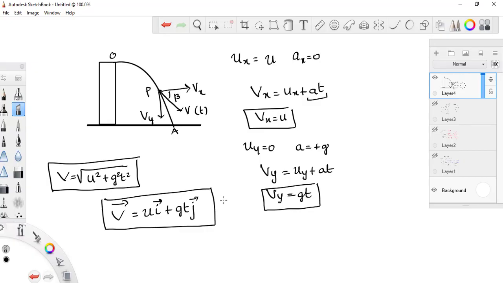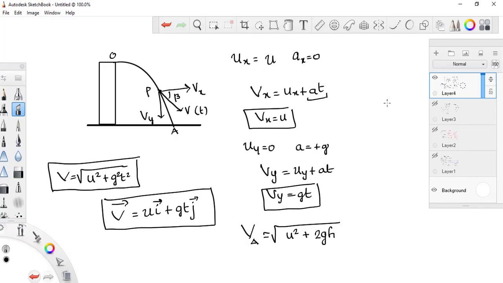So what will be the velocity when the projectile hits the ground? Velocity at the point A. So again, you can find this easily by writing root of u square plus g square t square.